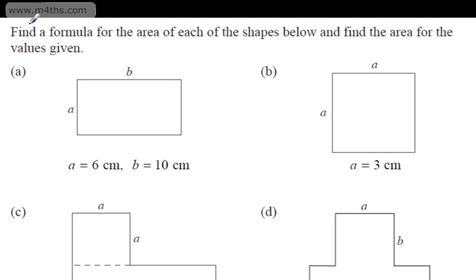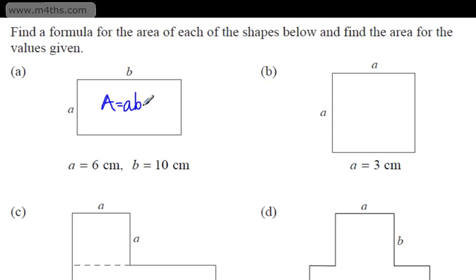We're asked to find a formula for the area of each of the shapes below and find the area for the values given. So this one now, what I'm going to say is the following. We know that the area is going to be the length times by the width. So I can say that the area is going to be A multiplied by B, which we would write as AB.